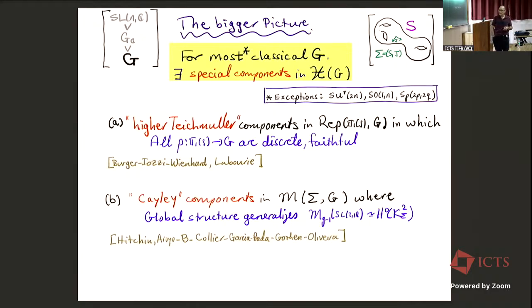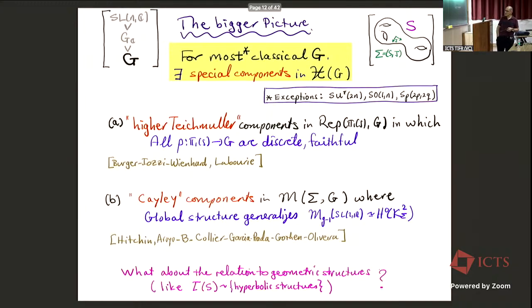And there, from the Higgs bundle perspective, you can see that the aspect of Teichmüller space, which identified the global structure, generalizes to a sort of generalization of this, which I won't go into, but is a very pretty picture. So you have these analogs of Teichmüller space in these more general settings, which have these nice features.